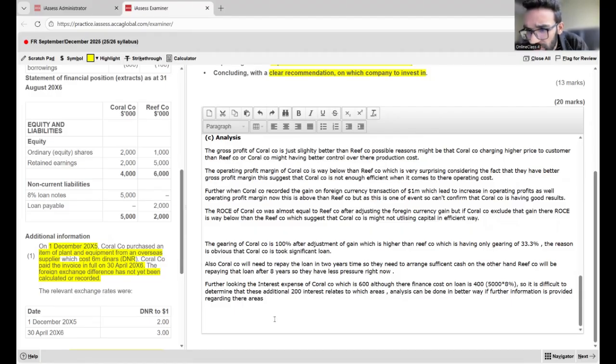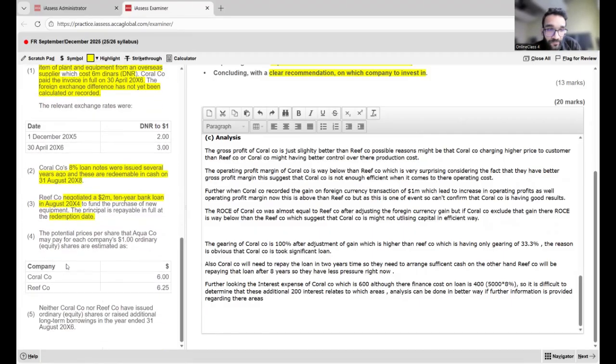Right? It is unclear whether they will be having enough cash resources or not. Although neither company has issued ordinary shares or raised any additional capital in this year, definitely, as a company, we need to consider whether they will have enough cash resources to pay or not, right?